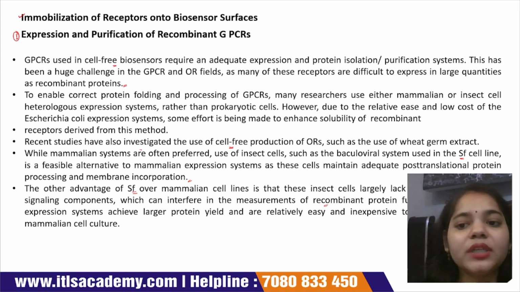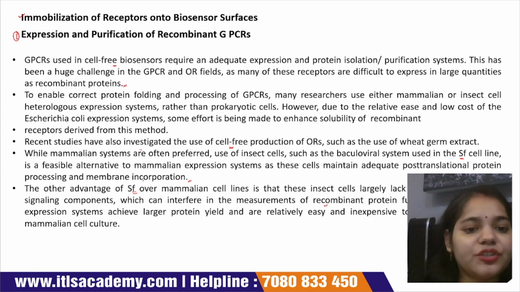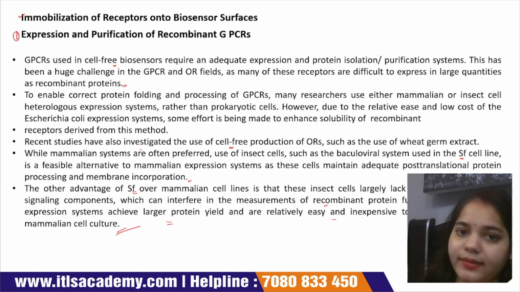Okay, further, insect expression system achieves large protein yield and is relatively easy and cost effective or inexpensive to culture compared to the mammalian system. This is the isolation or expression system of recombinant protein. And for the purification system, we use lots of purification methods such as dialysis, chromatography, etc.